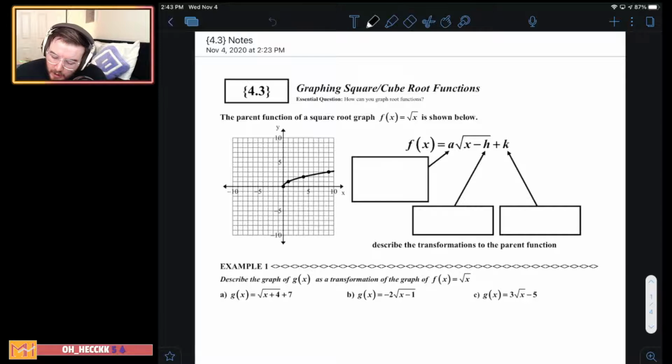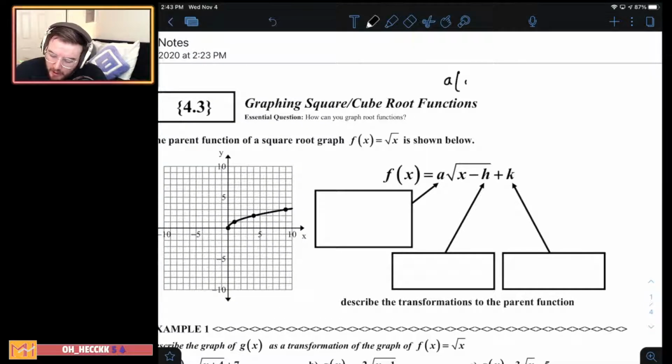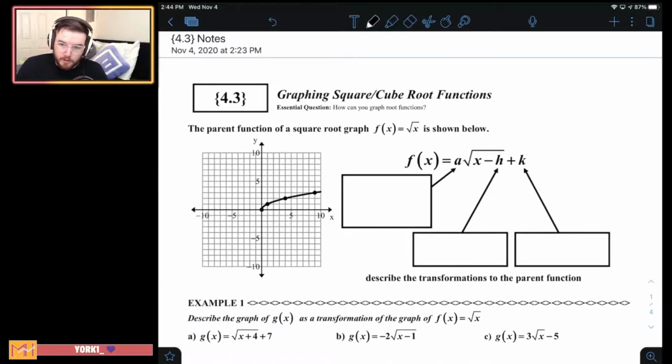And it's going to feel very familiar. Do you remember this whole thing for parabolas? And we would say, oh, it's stretch or shrink, and it's flipped, and it's left, right, or up, down. You remember all that? I hope you do. We spent a decent amount of time on it. Well, guess what? All of that stuff is also true for square roots.